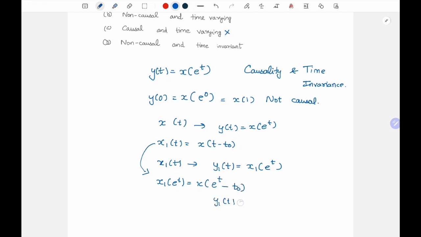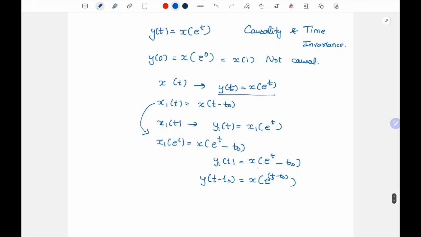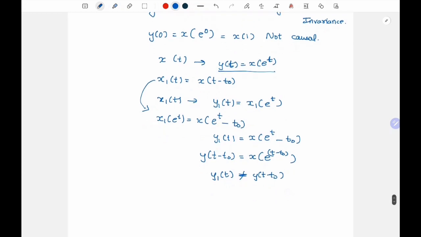So y1 of t is x of e power t minus t naught. But what is y of t minus t naught? So y of t is here. y of t minus t naught is x of e power t minus t naught. It is in the exponent, because wherever there is t, there only I need to replace it with t minus t naught. And you can actually see clearly that y1 of t is not equal to y of t minus t naught. Right? So it is time varying.